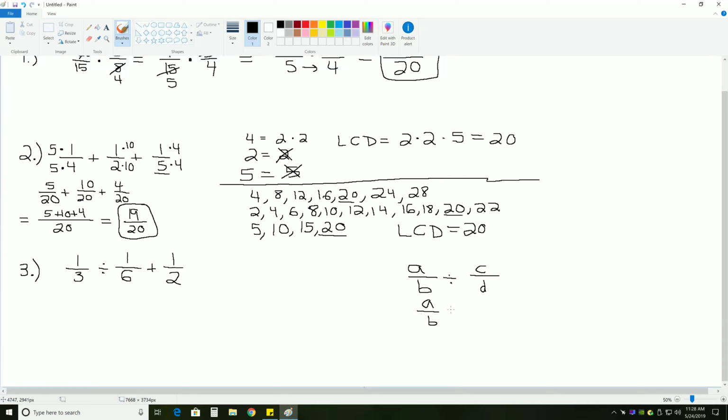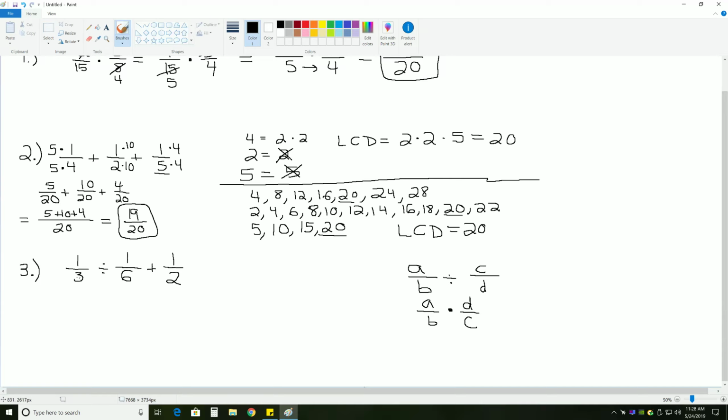Then you change your division to multiplication, and then you flip your second fraction. So you'll end up getting D over C. So A over B divided by C over D is the same thing as A over B times D over C. This is called the copy dot flip method, meaning you copy your first fraction, you change your symbol to a dot for multiplication, and then you flip your second fraction.